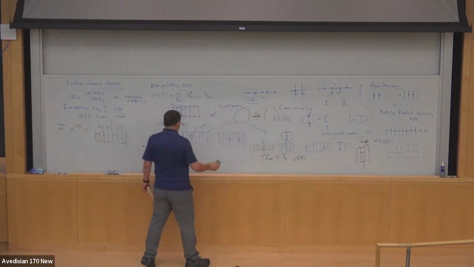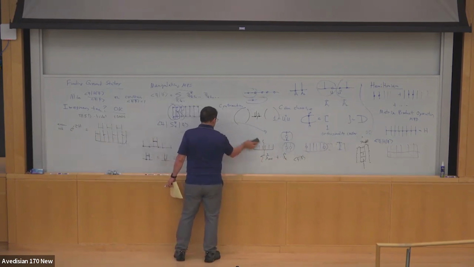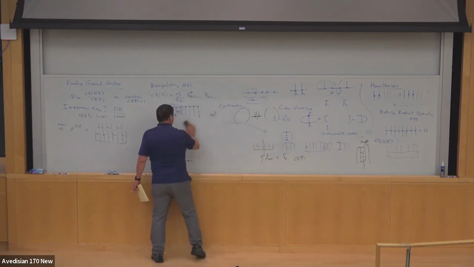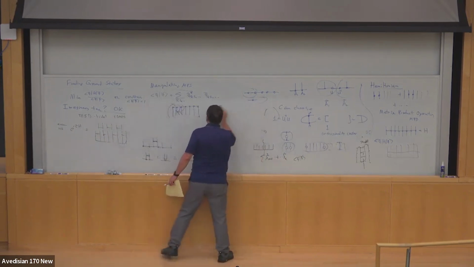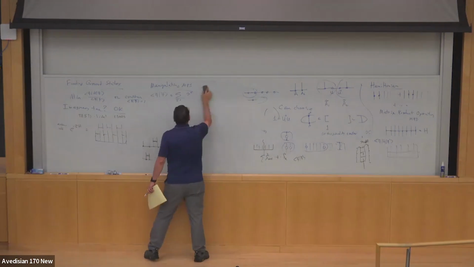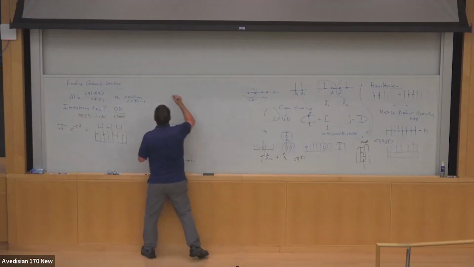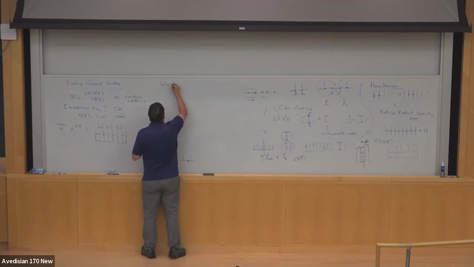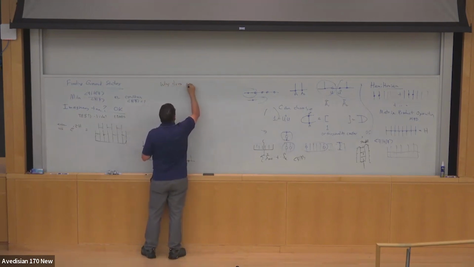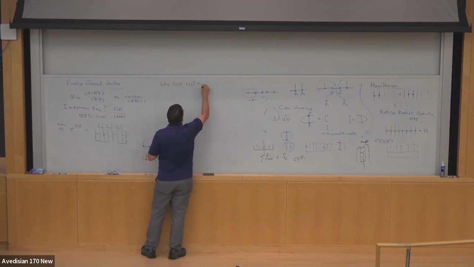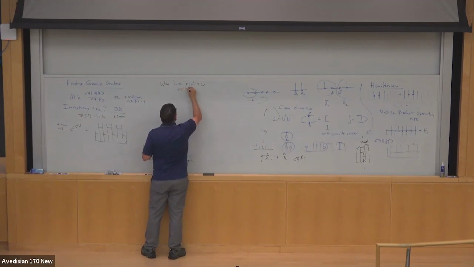Well, this is a little side note before we get to DMRG, okay? But so why does real-time evolution fail?